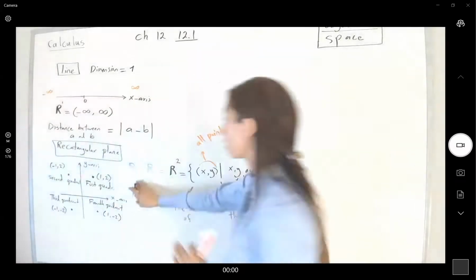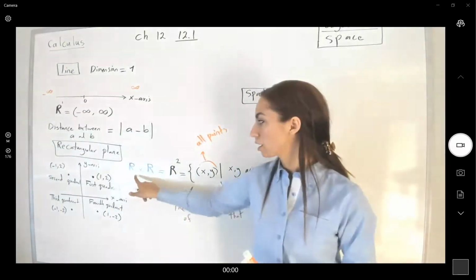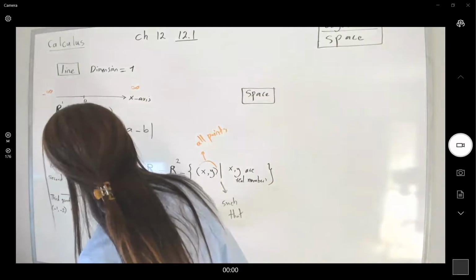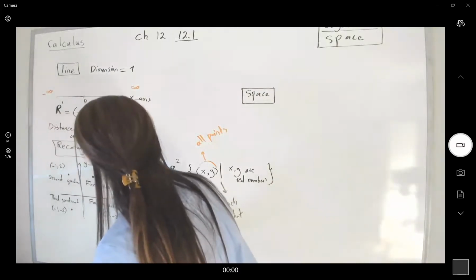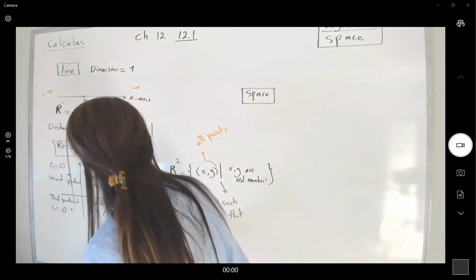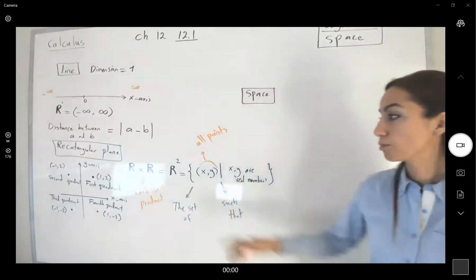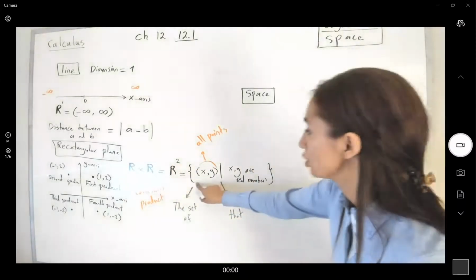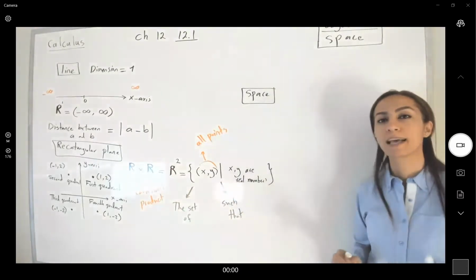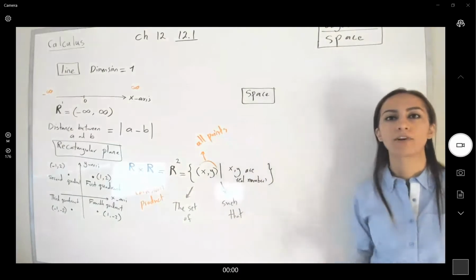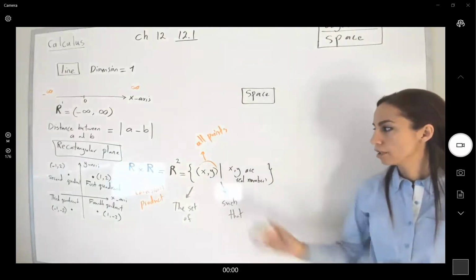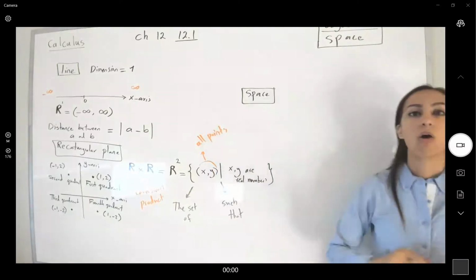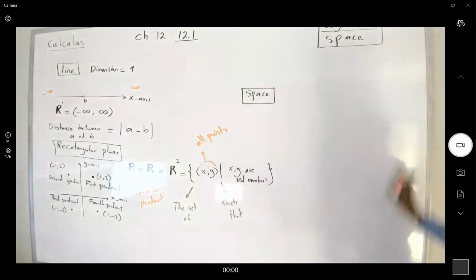And we define the Cartesian plane or Cartesian product, which is denoted by R to the second. It means that we have 2 dimensions, which is the collection of all points x and y, such that x and y are real numbers. If you want to graph this, you have to use a lot of dots, collecting all of those points representing this whole plane.